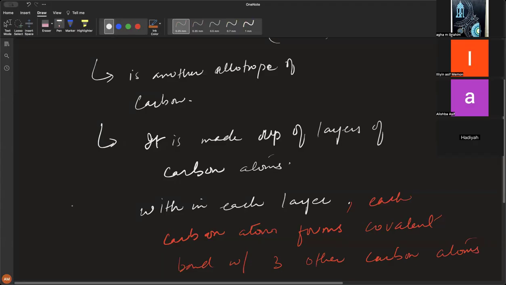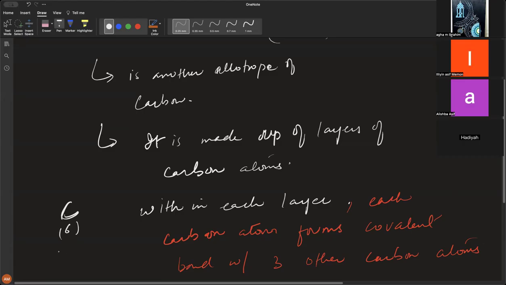Let's take a minute here to understand this. I want everybody to stop writing and see this. Can anybody tell me the atomic number of carbon? It's 6, right?